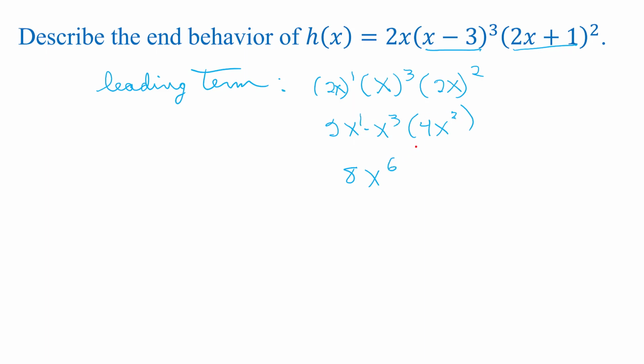So we have a positive 8. We have an even power on x for our leading term here. Our end behavior will be like that of y equals x squared. So as we go left, our graph goes up. As we go right, our graph goes up.